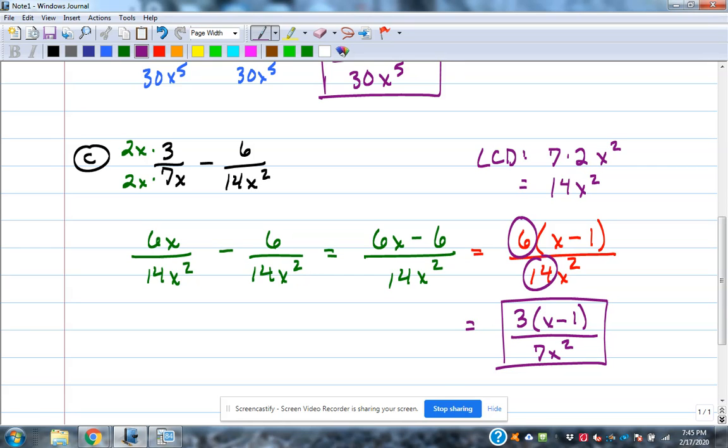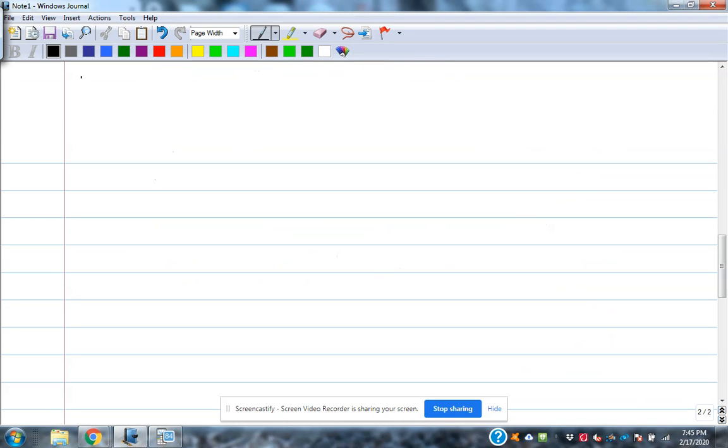All right. So let's step up to binomial factors in the denominator instead of just single monomials in the denominator. All right. B. 7 over x minus 5 minus 3 over x minus 5. This one's kind of pretty.